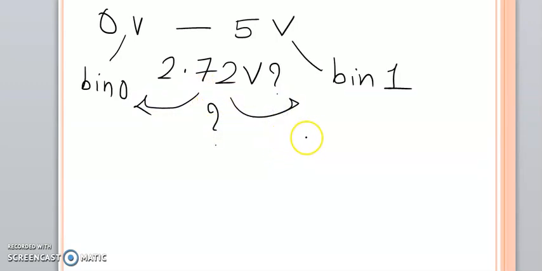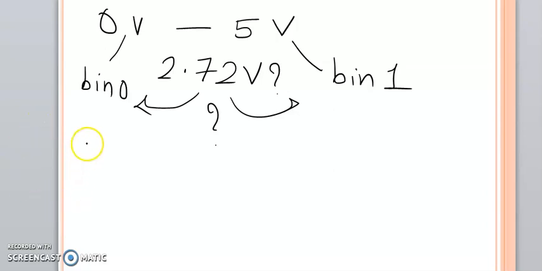That is why for every analog voltage there should be a conversion to an appropriate digital value. That is basically the need for any ADC, analog to digital conversion, because the real world is not so simple.